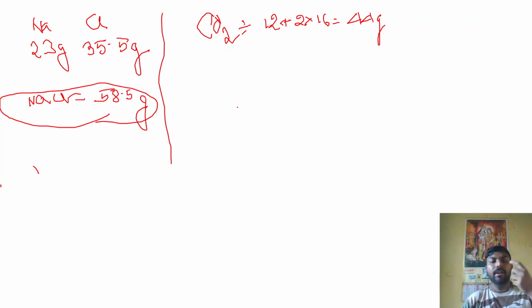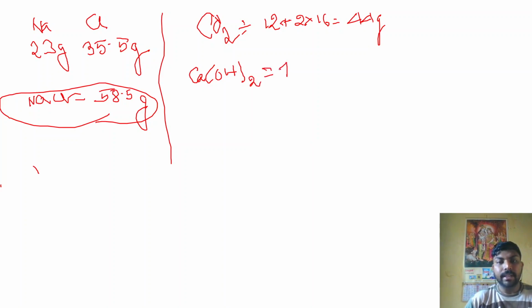Going a little bit higher, what is the molecular mass of calcium hydroxide? The atomic mass of calcium is 40. Now 2 hydroxyl groups are there, oxygen is 16 plus hydrogen 1, so 17 each, and ultimately it comes to 74 gram.